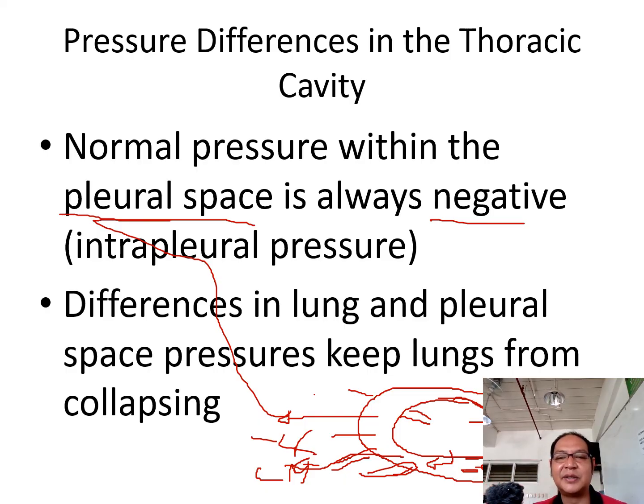Clear? So this should always be a negative pressure. The pressure difference between the lungs and the pleural space keeps the lungs from collapsing. Always take note that the pleural space should always be negative.